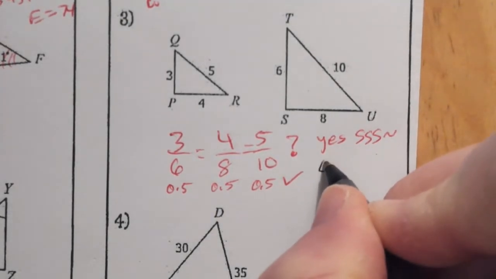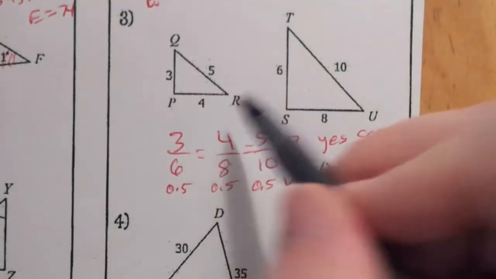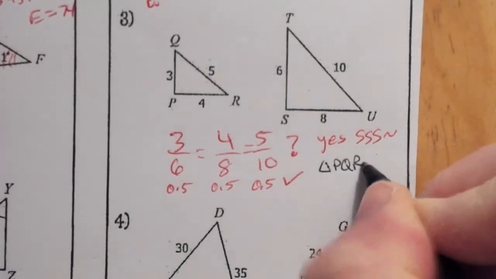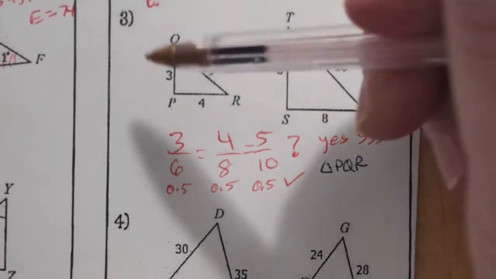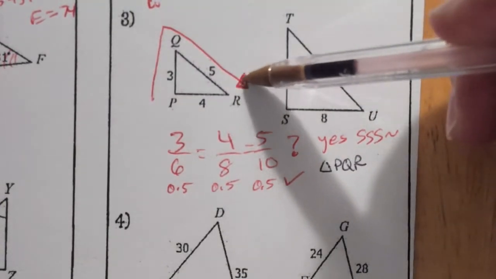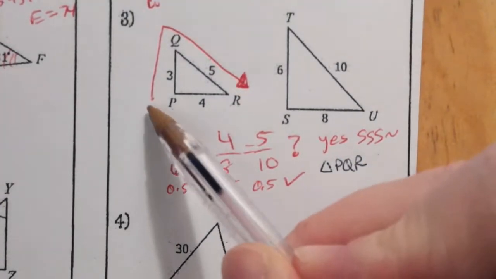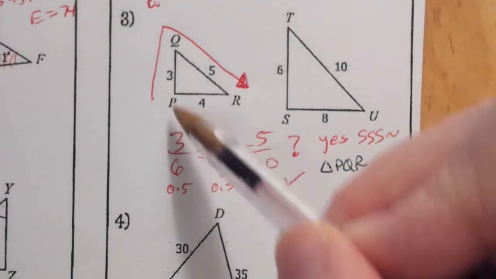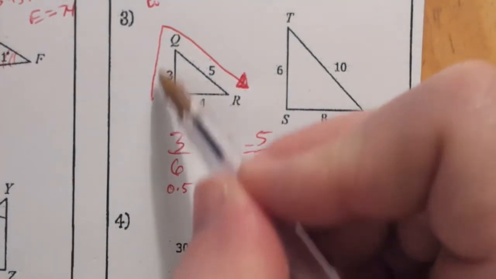And what if I said triangle, let's say PQR. If I go PQR, and that's it, that's all I did. I didn't go back home, I just went PQR. Okay, so what was that? I went 3, then 5.